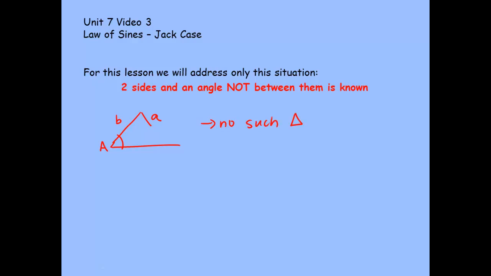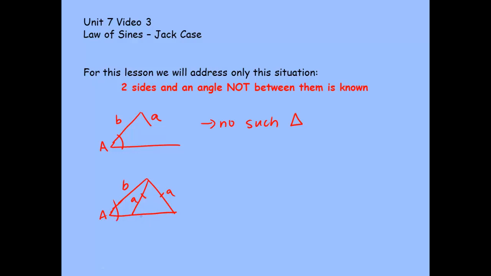In another situation, side A, same picture here, but side A could have the same distance just be put into two situations, making this kind of an equilateral triangle.